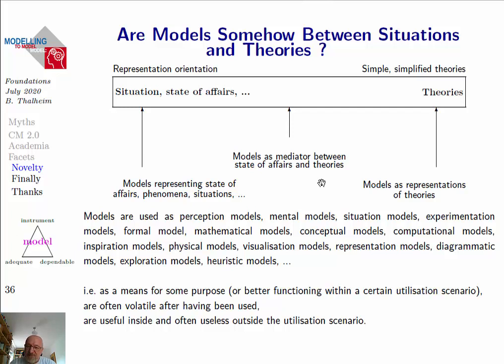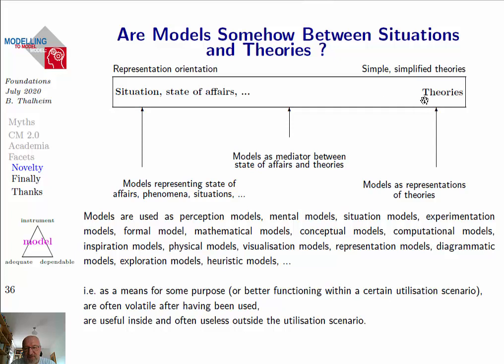We have, of course, models that are reflecting pretty nicely what has been observed, what kind of situation we have, what kind of state of affairs we have. We have also models that are somehow representing the theories. But in this case, the model is somewhere in between, between situation and theories.